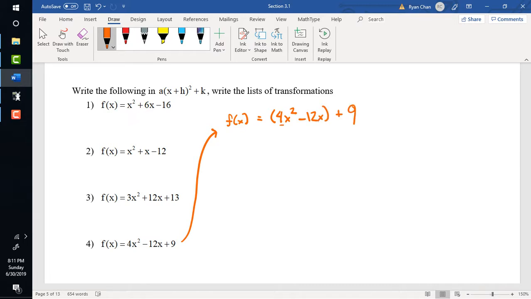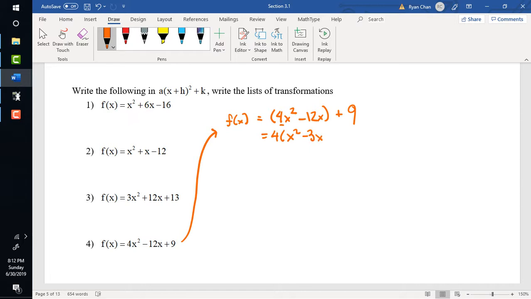Remember, I do not like numbers in front of x squared within the parentheses, because it's really difficult to do perfect squares with those. They both are divisible by 4, so I'm going to pull out a 4. So 4 divided by 4 is x squared, negative 12 divided by 4 is negative 3x.